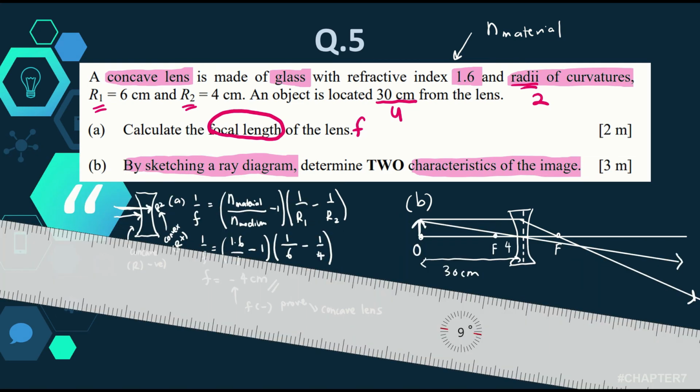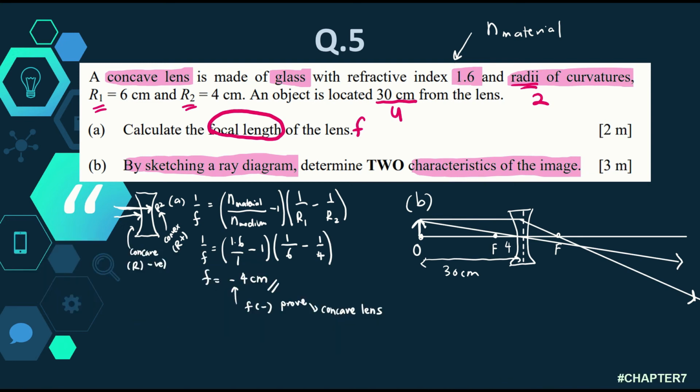Remove your ruler, then you can see here that this is your image. I put it in pink, so this is your image. Here you can see that your image is real because it is formed at the back of the lens, and if it is real it must be inverted.